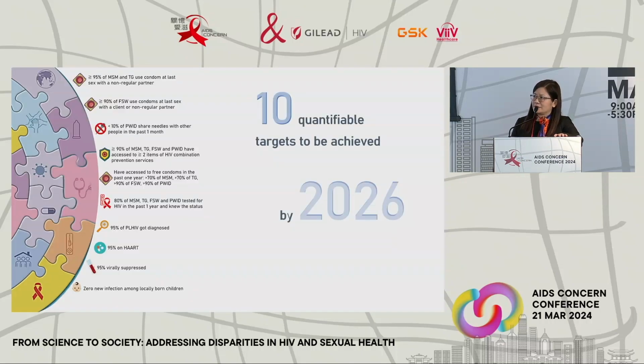So we would like to have 10 quantifiable targets to be achieved by 2026. Now it is 2024. So let's see some of the progress.